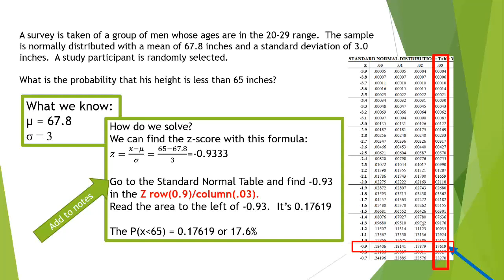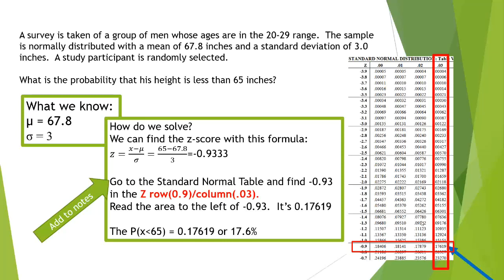Now that number, 0.17619, simply tells us that this percentage of the area under the bell curve and the data values that are in our sample are going to lie to the left of this point. So only 17.6% of the heights in this sample we would expect to be less than 65.